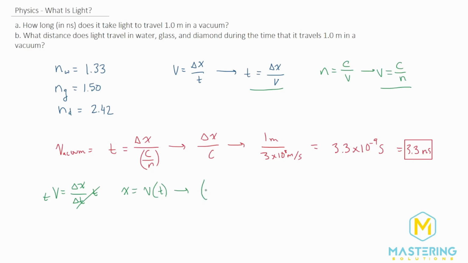So let's simplify this even more. We have c over n times the time. And for water, I'm just going to use c, so you don't have to see me write this over and over, divided by the n of water, which we wrote at the top is 1.33. And then we're going to multiply that by the answer, 3.33 nanoseconds, or 10 to the negative 9.